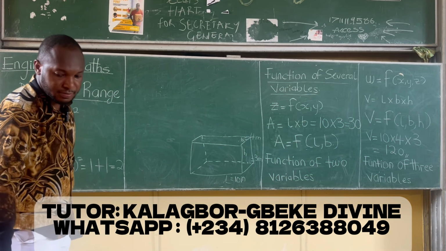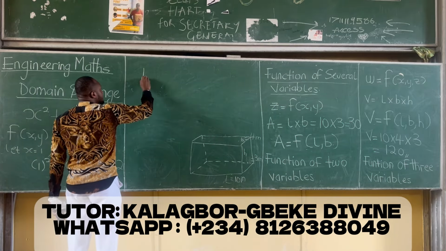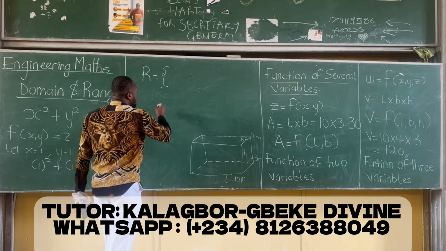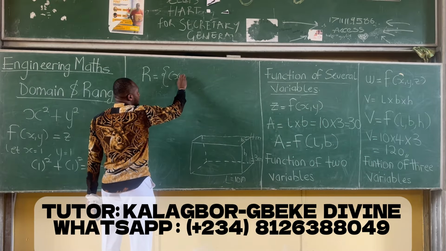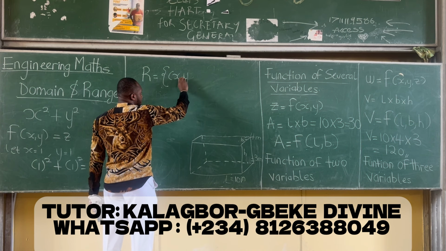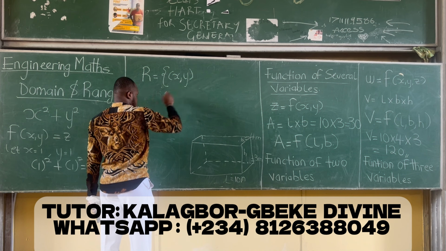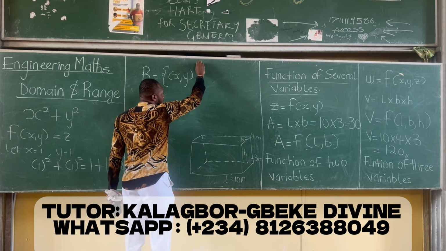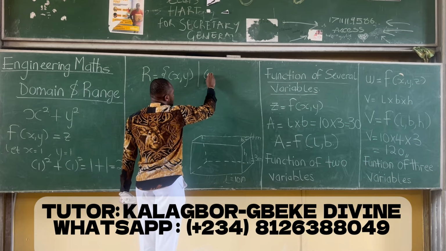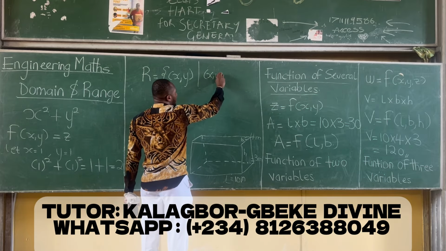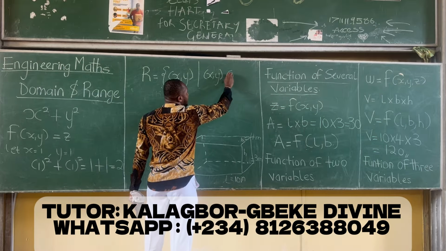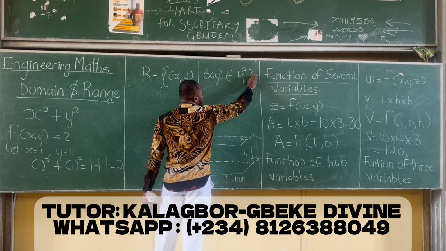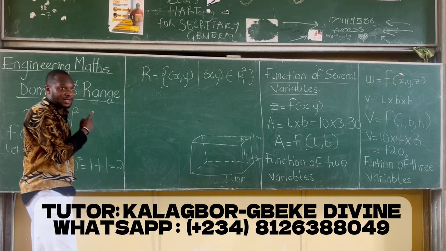Our range R is a set of x, comma, y such that x, comma, y is a set of all real numbers in two dimensions. Do you understand what I just wrote now? I should recap.